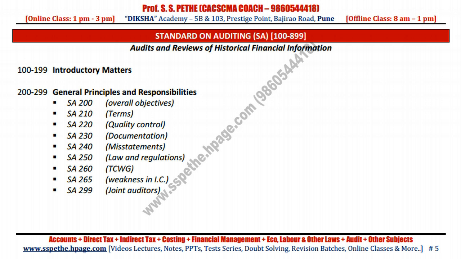SA 200 overall objectives, 210 terms of audit, 220 quality control aspects, 230 documentation, 240 misstatement, 250 laws and regulations, 260 those charged with governance, TCWG. This is the shortcut which we will use. 265 weakness in IC, means internal control. Weakness in the internal control means 265. 299 joint auditors.